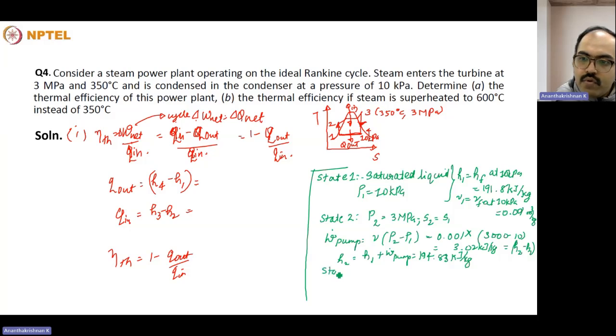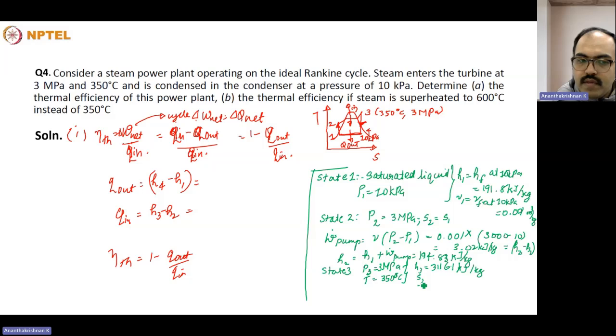And then state point 3, it's superheated steam. Straightforward. You have to go to the steam table and look for the enthalpy corresponding to these state points. Temperature 350 degrees Celsius and pressure is 3 megapascal, superheated steam. We get H3 equal to 3116.1 kilojoule per kilogram.